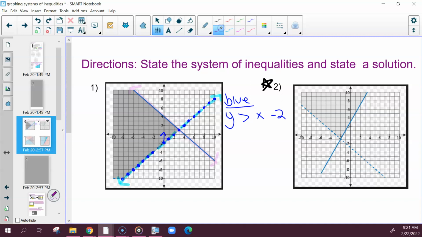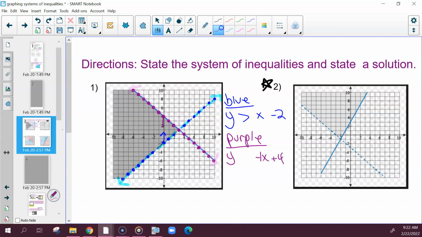The y-intercept for it, let's see, we have -1.